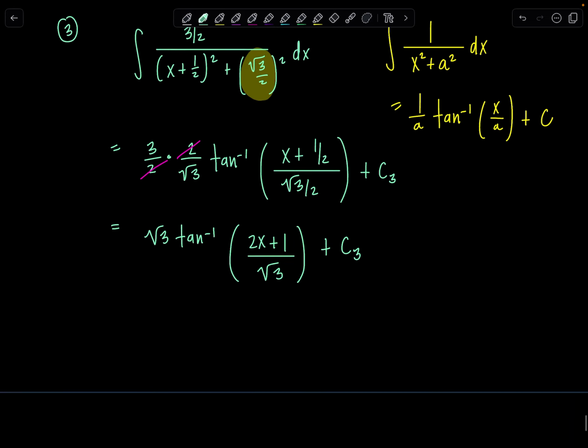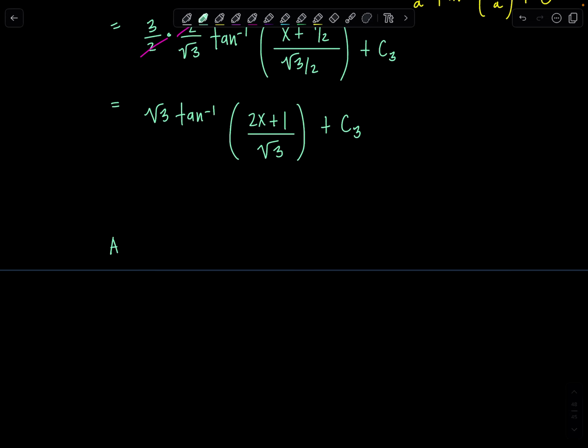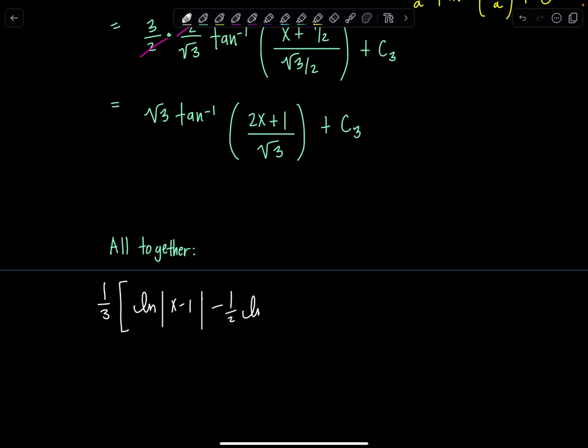Hooray! Okay, now we can put it all together. So remember we have that 1/3 sitting out front, bringing it back. The first antiderivative was ln absolute value x minus 1. The second one I'm going to add a minus sign in front of, and we have ln x squared plus x plus 1 minus this last one, rad 3 tan inverse 2x plus 1 over rad 3.